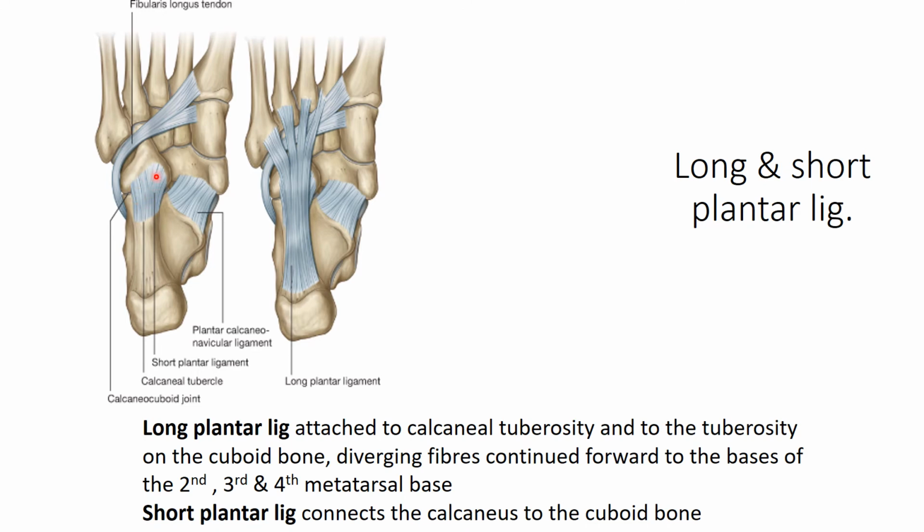So it bridges the concavity on the adjacent two surfaces of the calcaneus and the cuboid, and in this manner it prevents the sagging or drooping down of this cuboid bone, and it supports the lateral longitudinal arch. So these are indispensable: long plantar ligament and short plantar ligament.